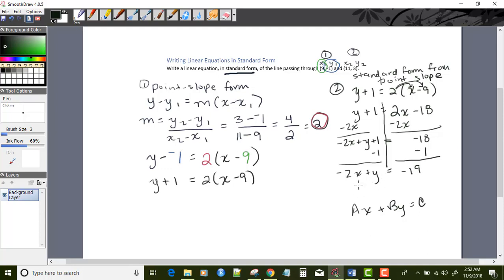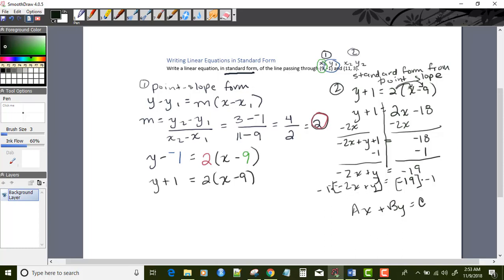And this is correct. However, mathematicians don't like to have this first coefficient as a negative number. So I'm going to do a little trick where I multiply both sides by -1. And when I do that, I can basically write the opposite of each of my terms.